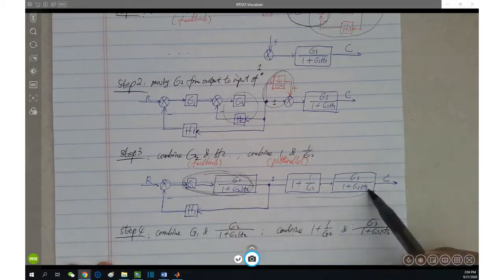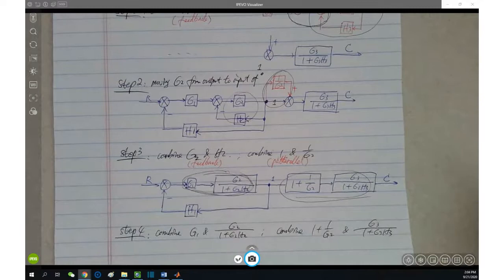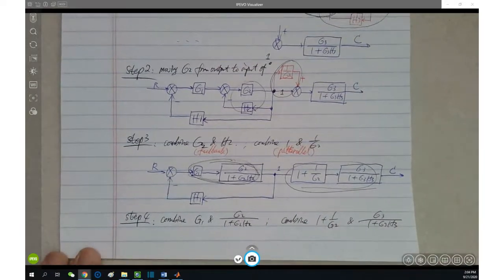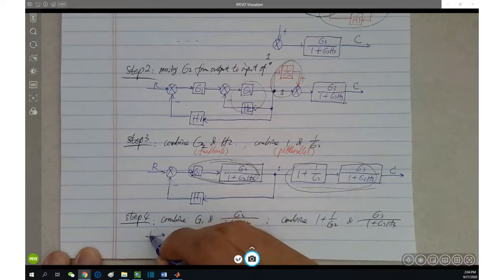Now about these two, same, right? You're seeing two cascades. It couldn't be any easier.